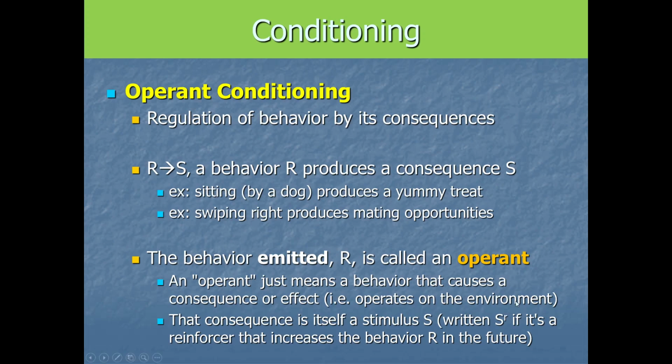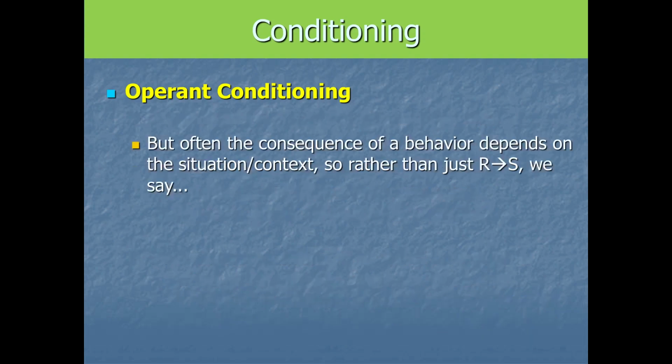So we'd put a little S with a superscript P to say it's a punishing stimulus, a stimulus we don't like that makes the behavior less likely, something like that. Don't worry, we're going to come back and clarify all these terms when we dive into the nitty-gritty in future topics. This is really just a quick and dirty introduction to those terms that we're going to start using more soon. So, okay. Fundamentally, operant conditioning is about that R-S relationship.